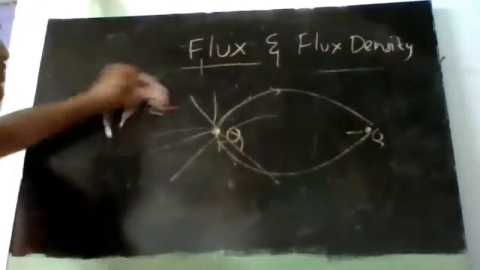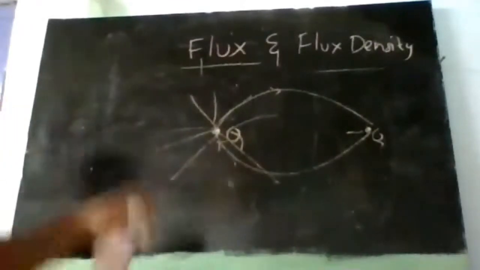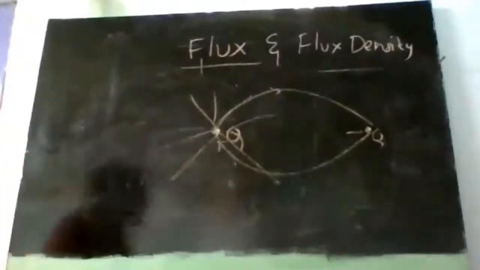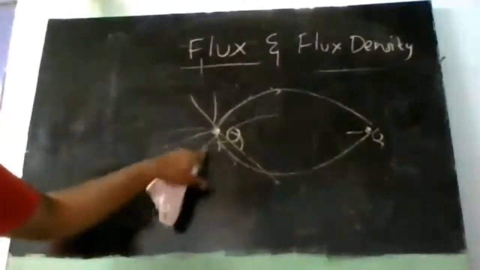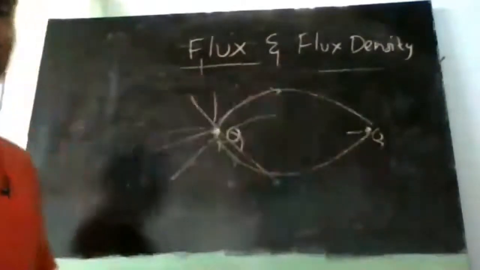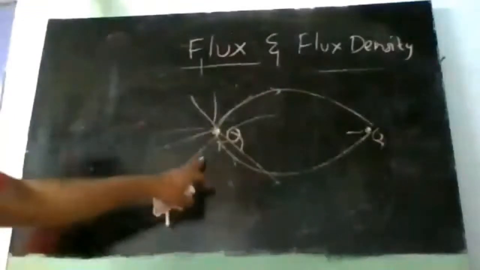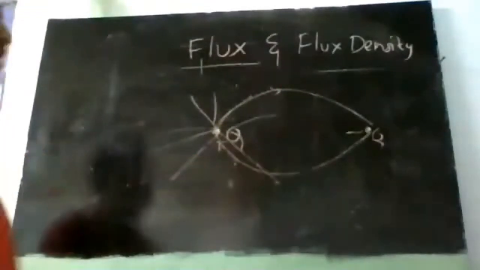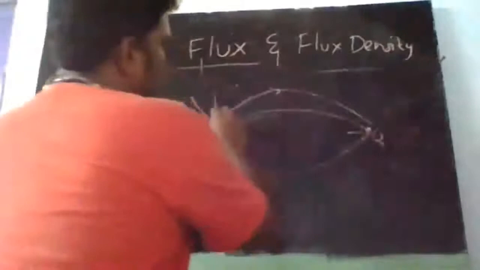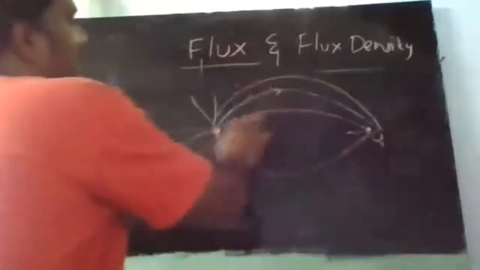Now let us assume that there are flux lines starting at plus q and ending at minus q, something like this.